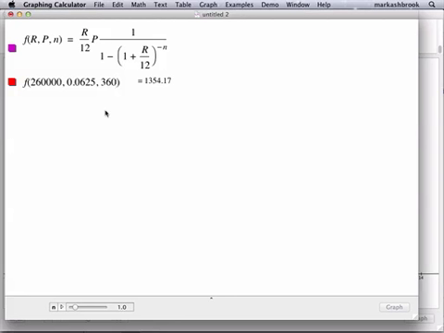What was N? What does N represent in this? We put them in wrong. Those are wrong. Your rates and your payments are backwards.